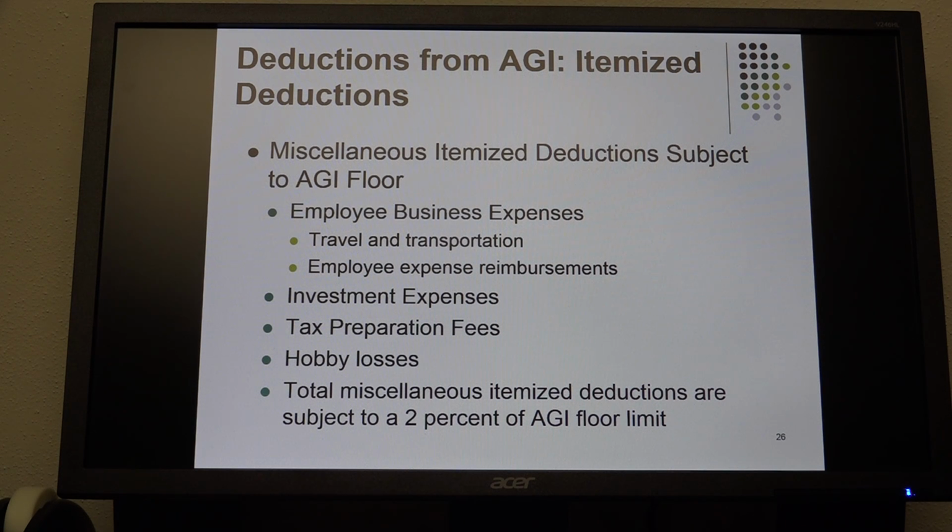Well, this comes up, what about my commuting back and forth? Isn't that an employee business expense? And the answer is no. Commuting costs to go to and come back from a job is not considered an employee business expense. Now, what is covered?